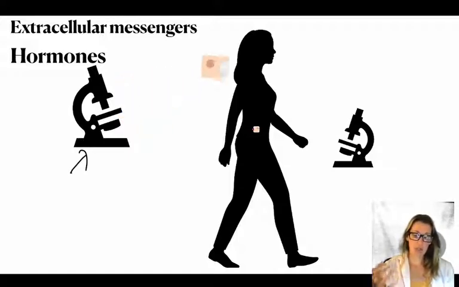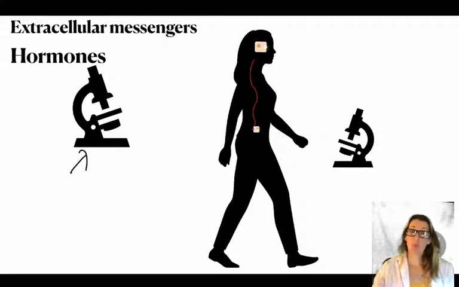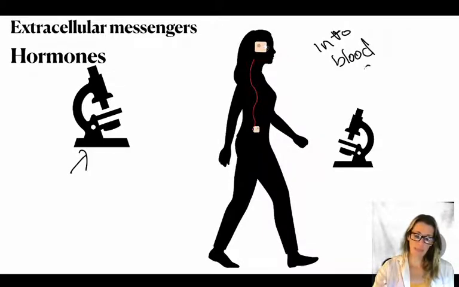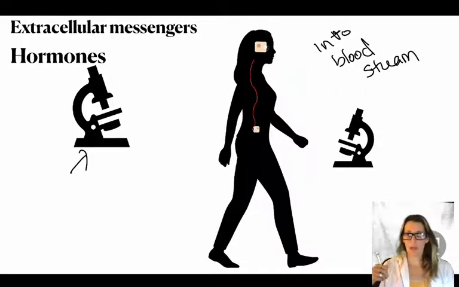Hormones are special in that when the extracellular messenger is released from an endocrine cell, so for example here, it travels a distance. So hormones are released into the bloodstream and they have to travel a distance far away from the endocrine cell that released them.